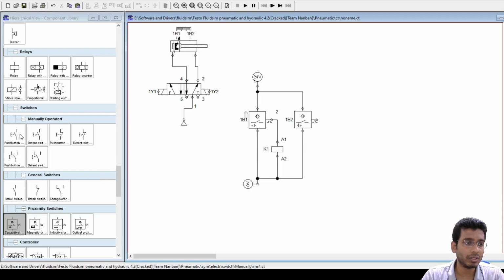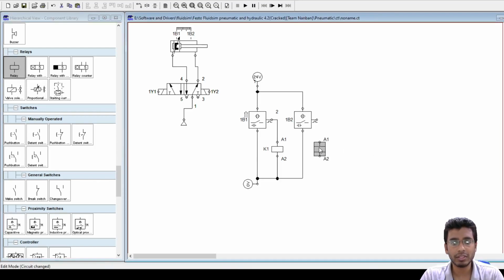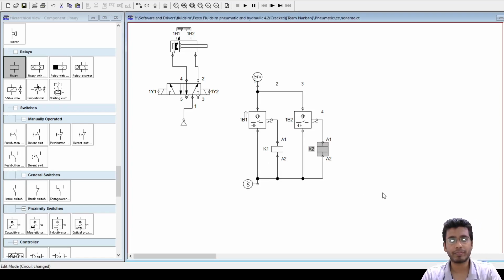Fine, and then again you will also require one relay to detect its output signal whenever it detects something at its proximity. Fine, and this relay will be named K2. Right. Now, what next? This was only my sensor evaluation part.